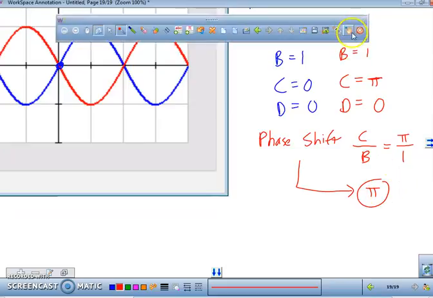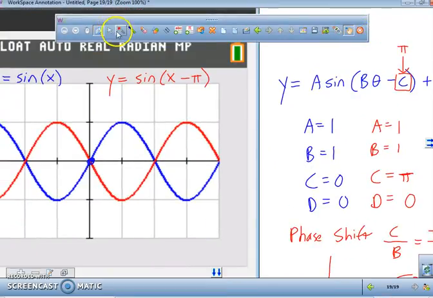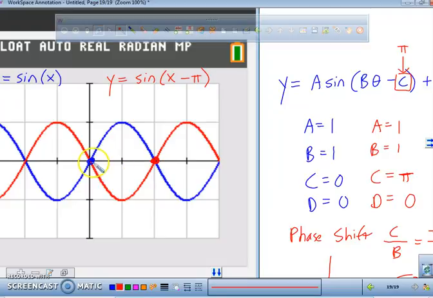Now this might make sense if I do something right here. We've moved over pi units. Normally we started here. Look where your graph of the sine function has now shifted to. What's the distance from here to right there? That distance is pi units.